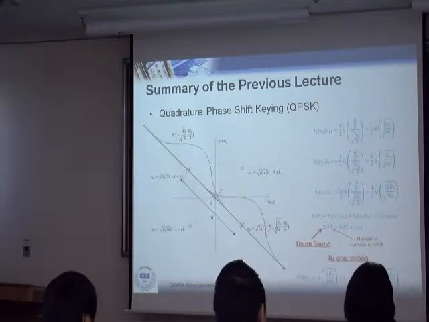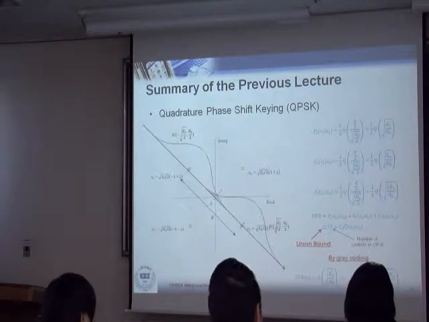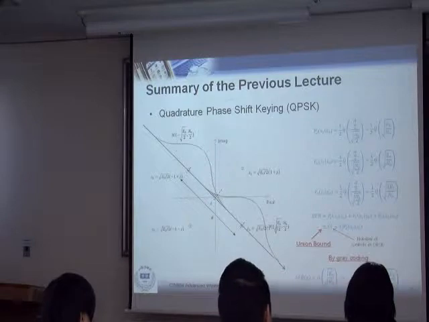So when you calculate, let's say, the symbol error rate versus SNR, SNR is a little bit confusing a term, so let's say this is Es over N0.